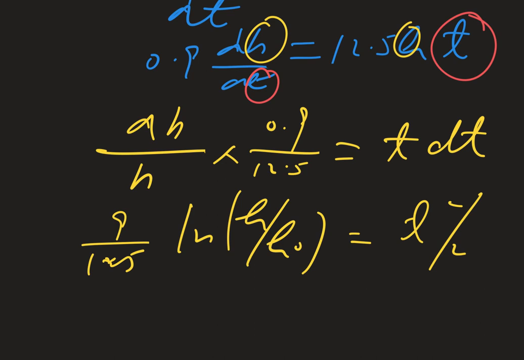Now there's a trick here. Can h not be 0? Find the time taken to fill the container.